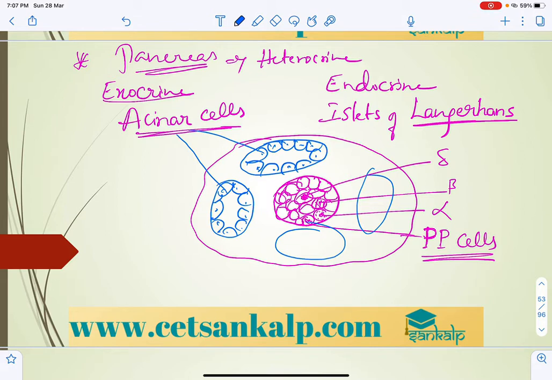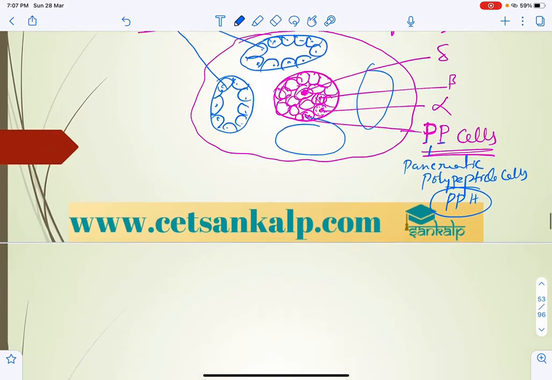The PP cells, that is the pancreatic polypeptide cells, produce pancreatic peptide hormone, the PP hormone. We'll take that discussion later.